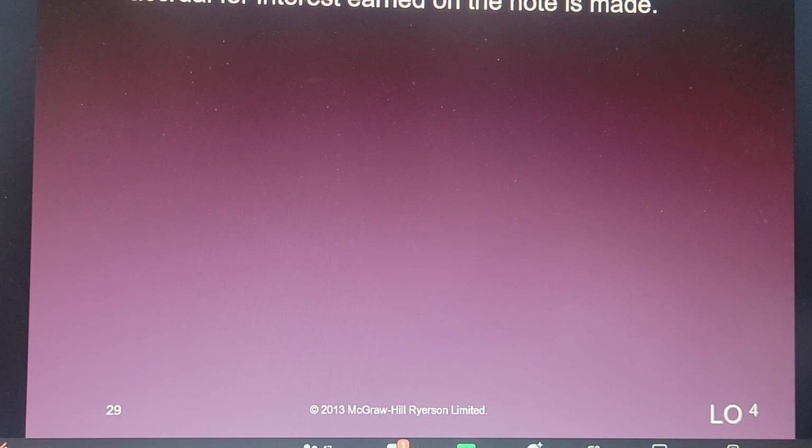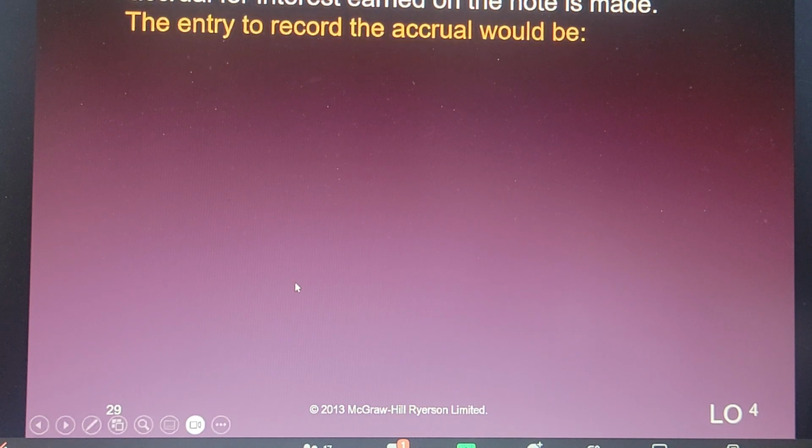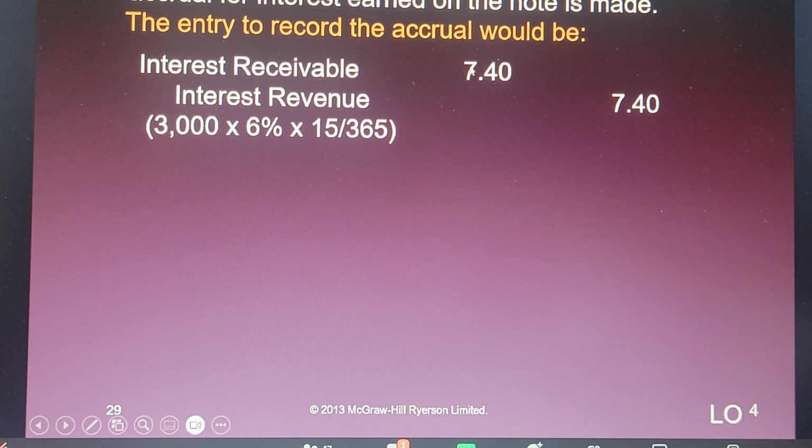So on December 31st, the 15 days in the note issuance, I have to record the interest. So I'm recording this. What do I call it? Interest receivable. It's interest I shall receive.